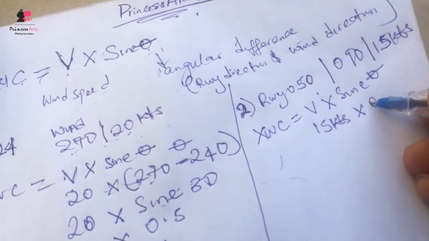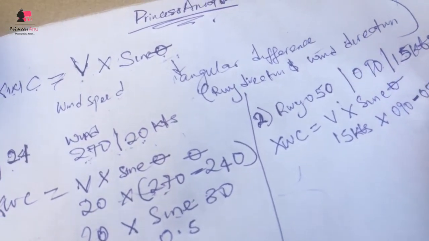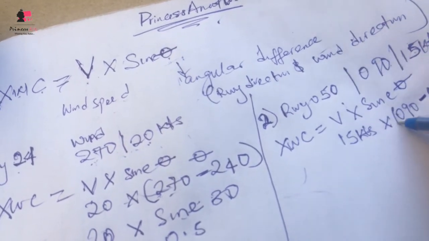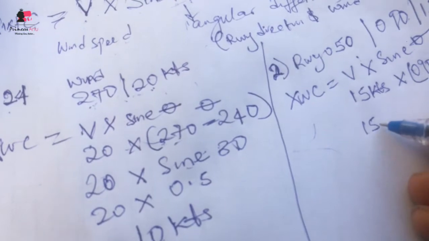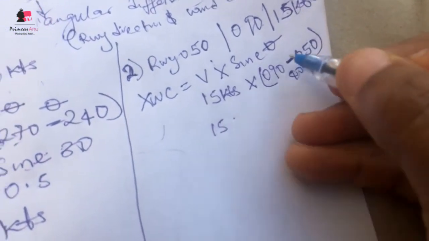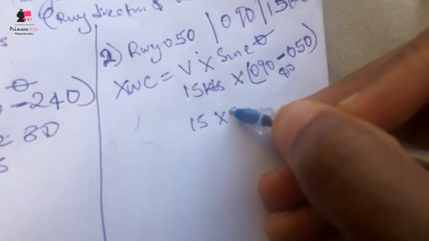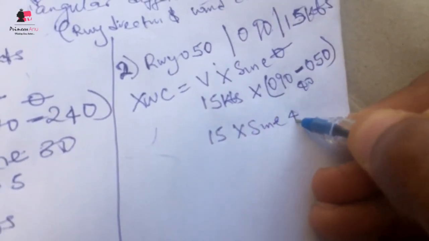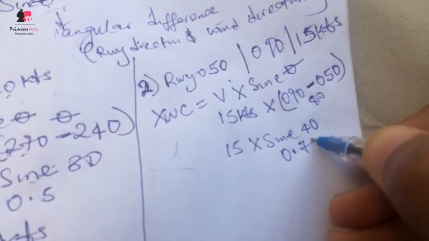So we are going to be taking 090 minus 050. This is 40. So that is 15 times sine 40. Sine 40 is about 0.76.